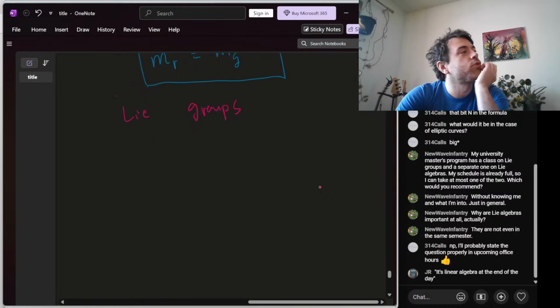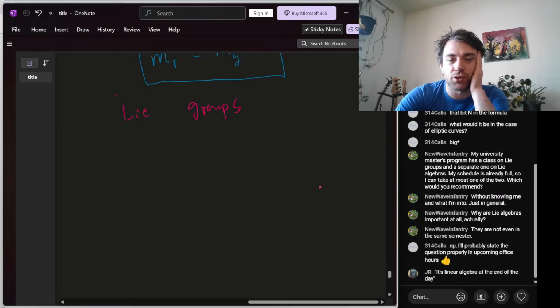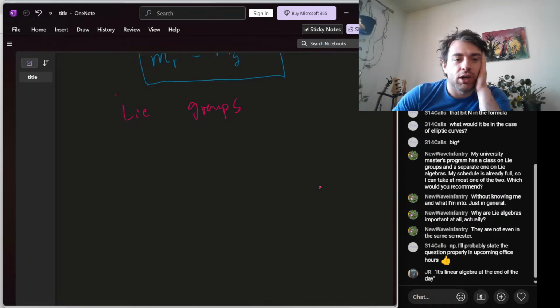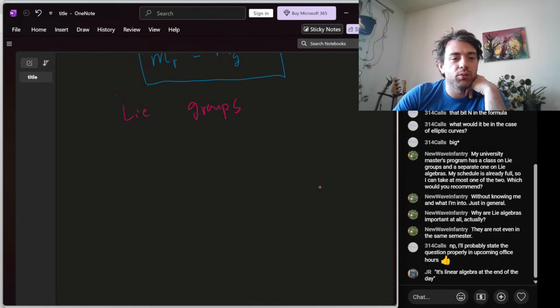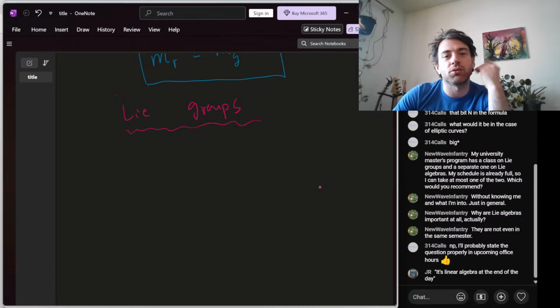So we should look at groups with some sort of extra structure. We're geometric beings, so we should look at groups with geometric structure, which is exactly what brings us to Lie groups.